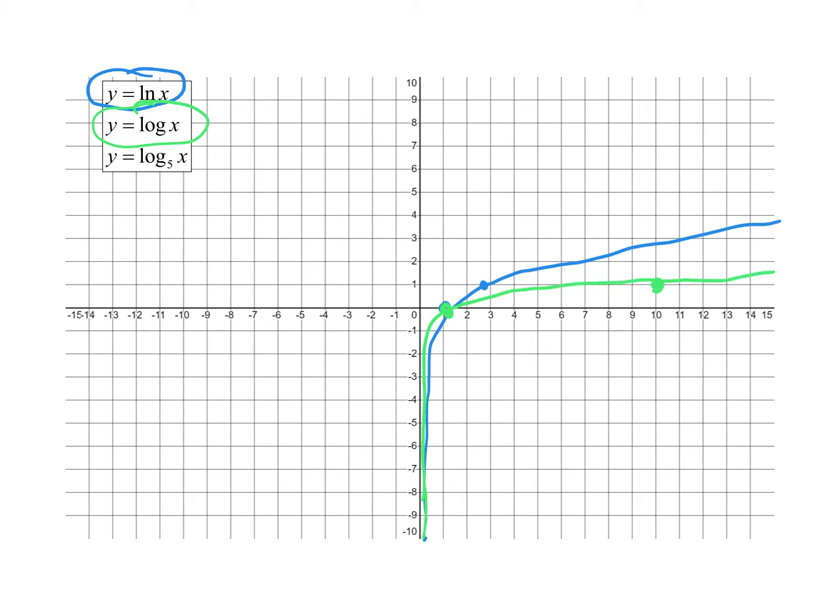So as you can see, the different bases change the pitch. So this one goes through 1, 0, and then the next key point would be 5, 1. All three of these have the y-axis as an asymptote.